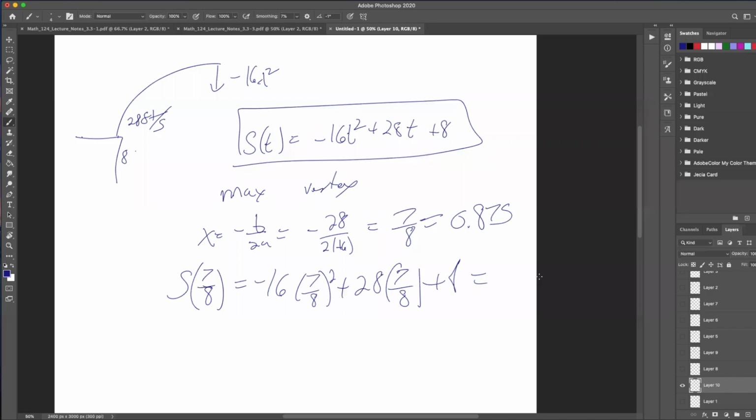Crunch that through a calculator, and that'll give you 20.25. Now I can answer the question. What's the maximum height of the ball? The maximum height is 20.25 feet at 0.87 seconds after it's been thrown.